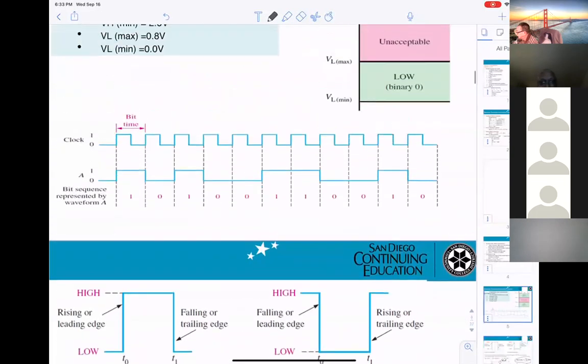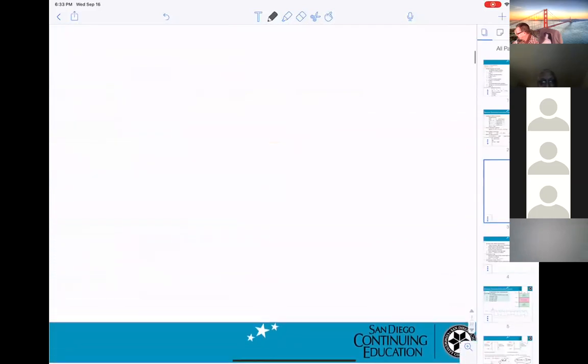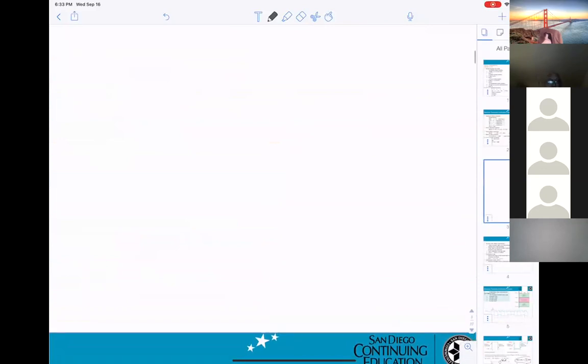Okay, I'll do this one for you. Say I get this signal, and I want the duty cycle. D equals TW divided by T times 100%.